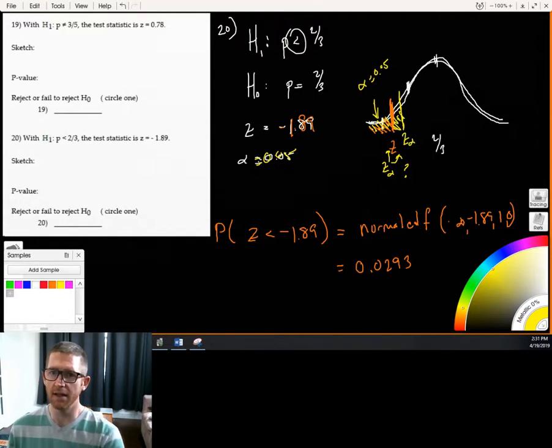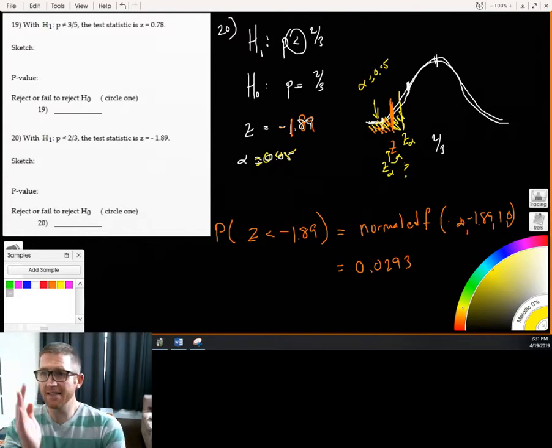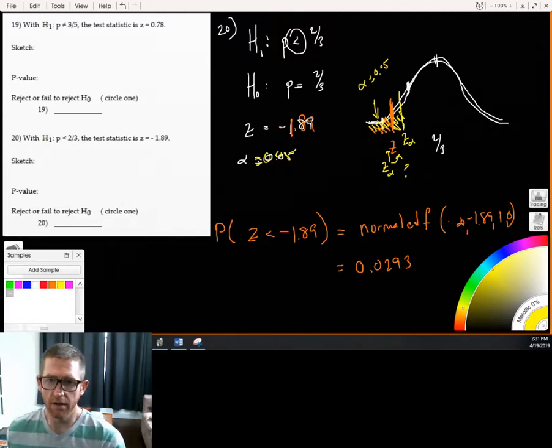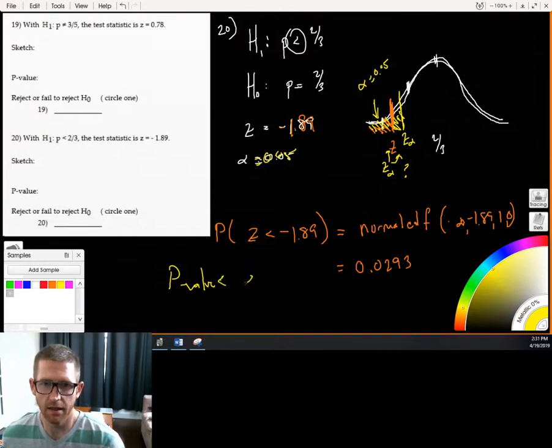We compare that. So in reality, this z alpha is about here. That tells us that our test statistic is out of bounds. It's outside, in the critical area, because the p-value is less than alpha.